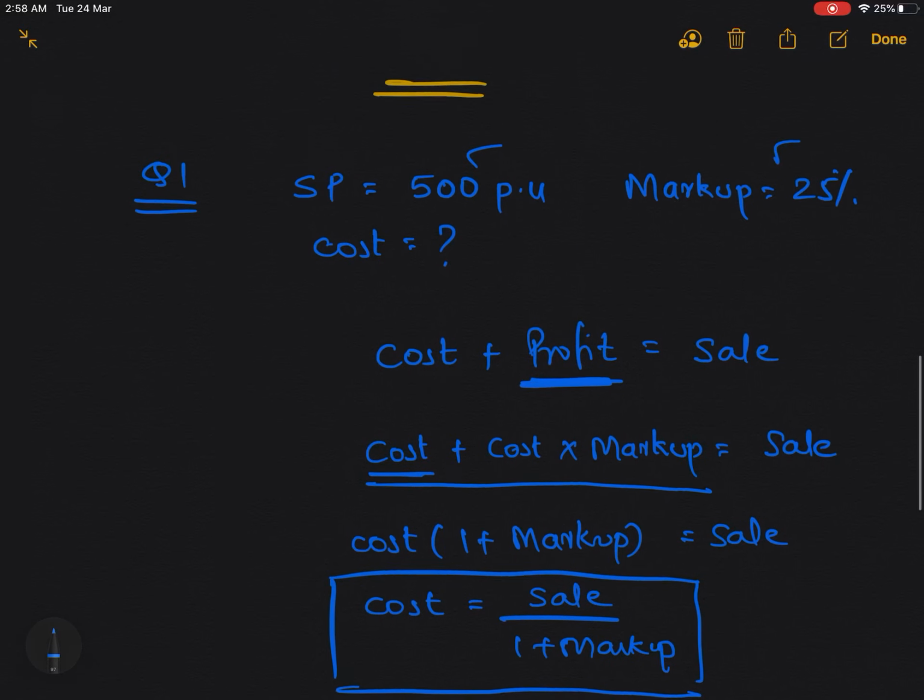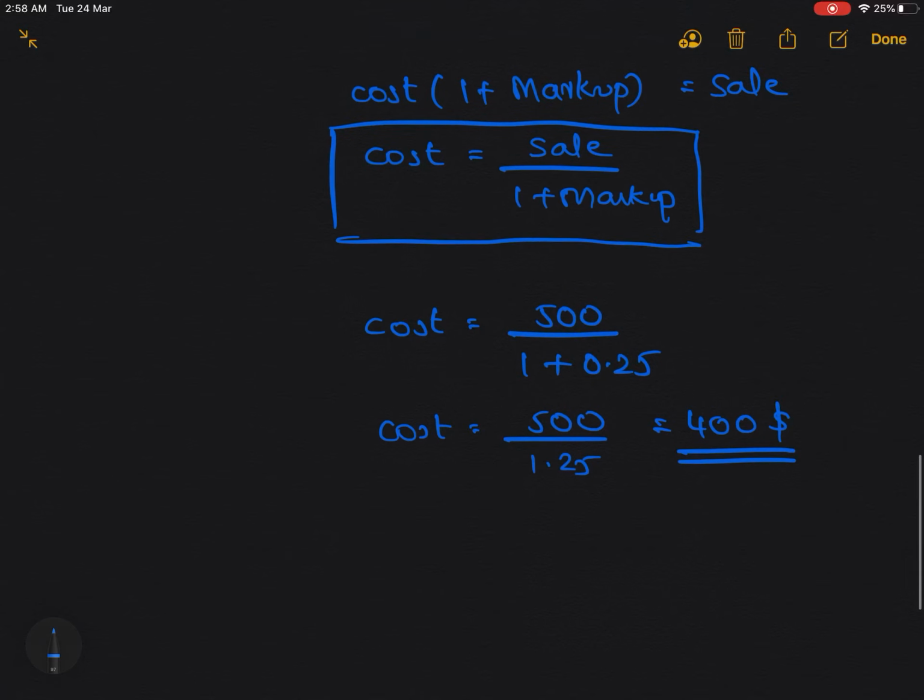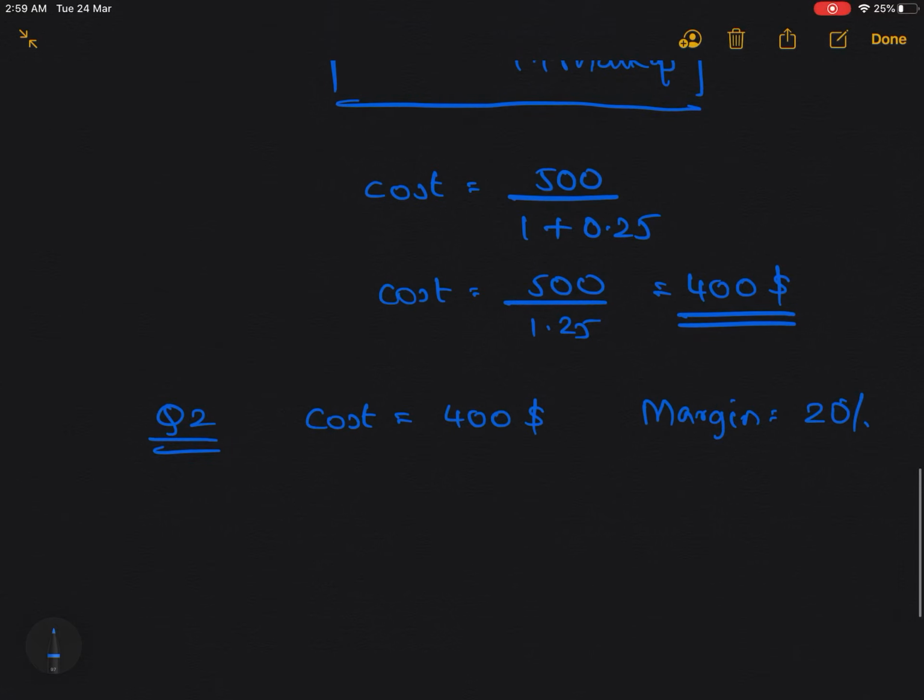Right? Similarly, if in the question they give me data like this, cost is given to me as $400 and they give me margin of 20%. Now I know that margin cannot be directly multiplied with cost because margin is profit in relation to sales.